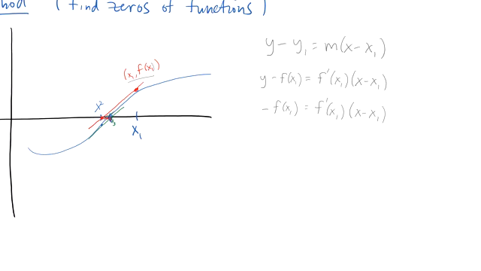If I solve for x, I divide by f prime: f of x1 over f prime of x1 equals x minus x1, and I add x1 to the other side. So I get x1 minus f of x1 over f prime of x1.